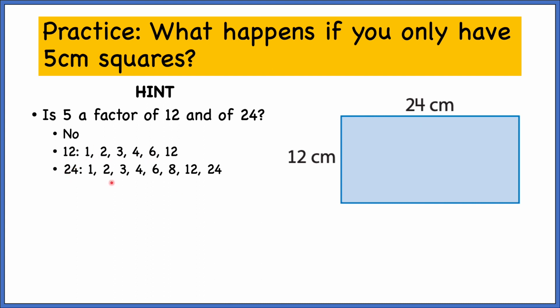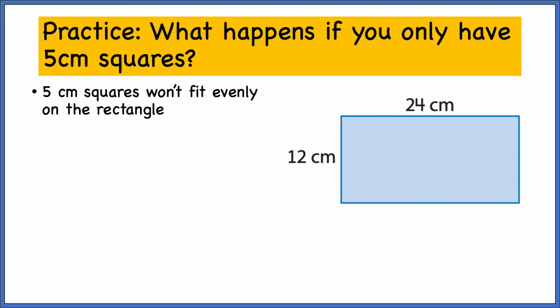Here are the factors of 24. And you can see that those two numbers share many of the same factors. But 5 is not one of them. Therefore, 5 centimeter squares won't fit evenly on a 12 by 24 rectangle.